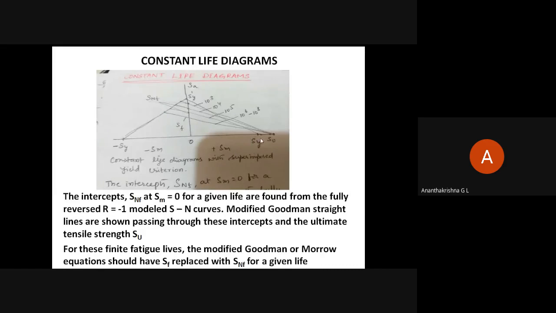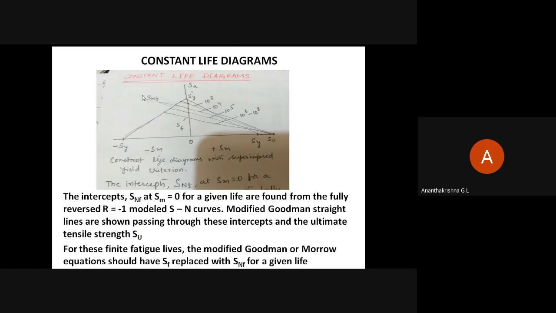Then this is the tensile yield stress, and this is SU, that is ultimate stress. This is SF, fatigue limit or endurance limit. These intercepts are SNF, that is fatigue strength for a fixed number of cycles.